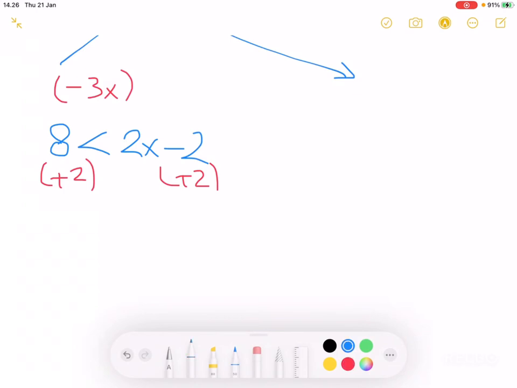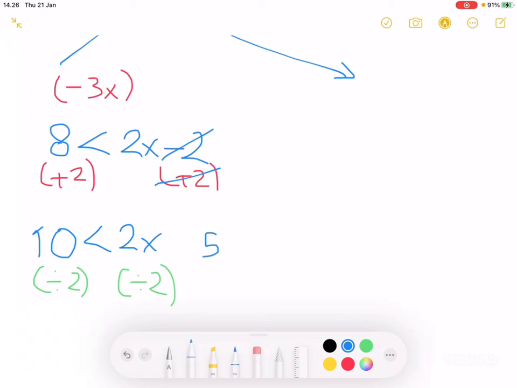We'll have positive 10 on the left-hand side and 2x, since these cancel. Then we divide both sides by 2. We're left with 5 is less than x, and you can use the second tip: switch the variable and the constant while flipping the inequality sign, so x is greater than 5.